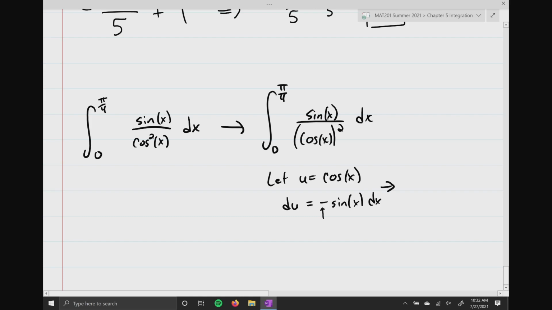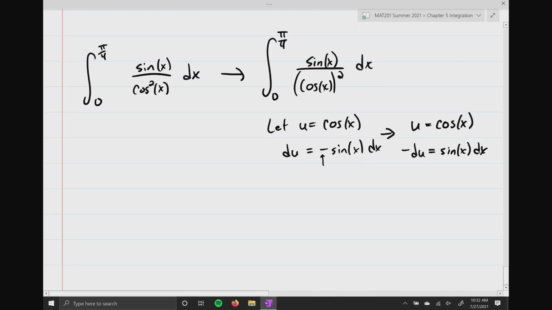So all I'm going to do is just rewrite this real quick as negative 1 du, or just negative du equals sine x dx, okay? So I can go ahead and make my substitutions because I have cosine x in the problem and I have sine x dx in the problem. This negative, eventually I'm going to just move that out front anyways.